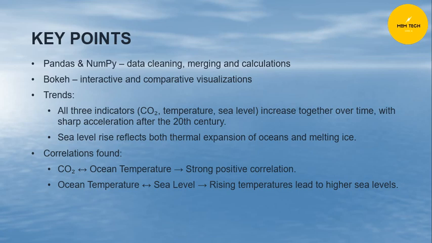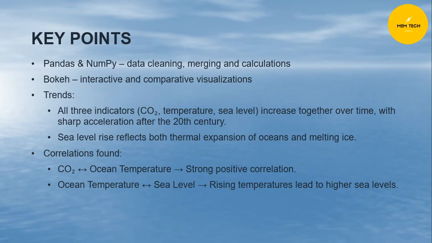All three indications are pretty strong. I got a 93% direct relation, which is really, really strong in terms of mathematics and statistics. The sea level rise reflects both thermal expansion of the oceans and the melting of ice. That means it's not just rising because the ice is melting.